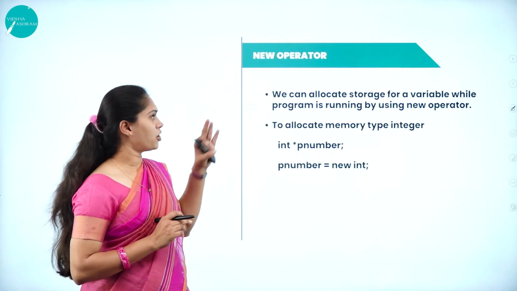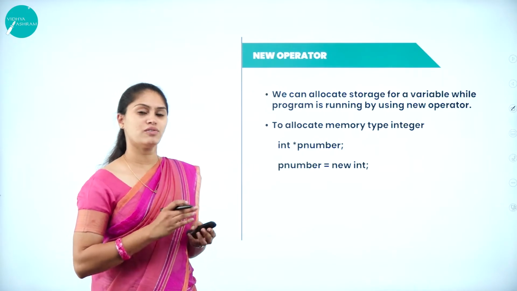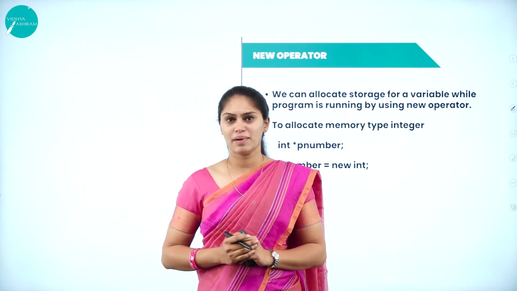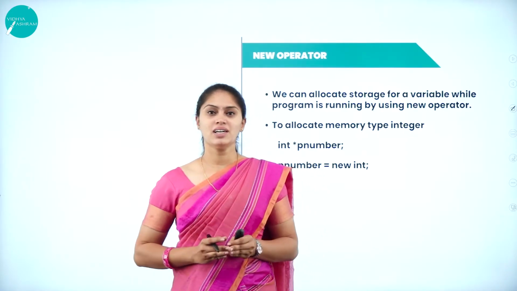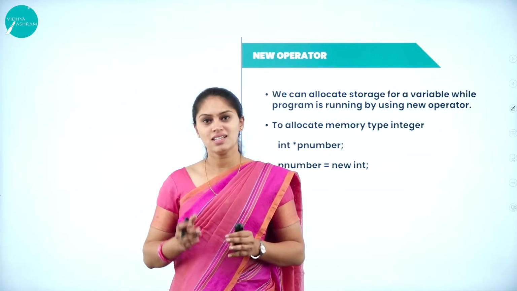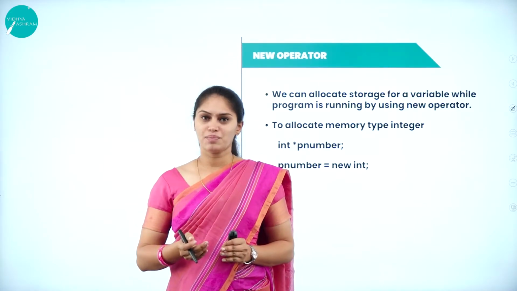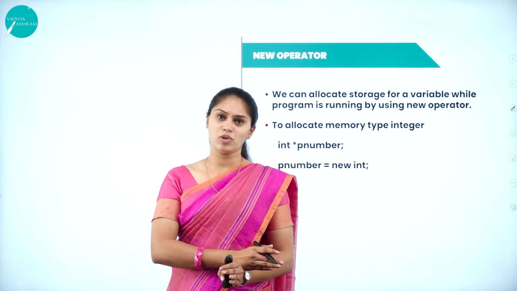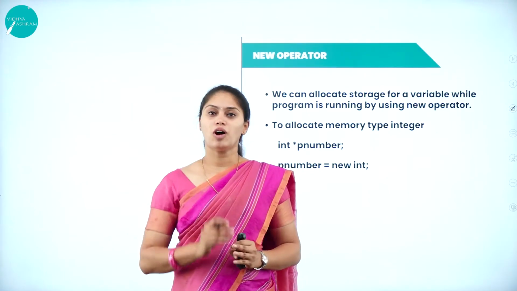We'll now see what the new operator and the delete operator mean. The new operator is mainly used to allocate the memory space and the delete operator is used to deallocate the memory space. Here you have to remember one thing: allocate means it will give the memory space, and deallocate or delete means it will deallocate the memory which is already allocated by using the new operator.